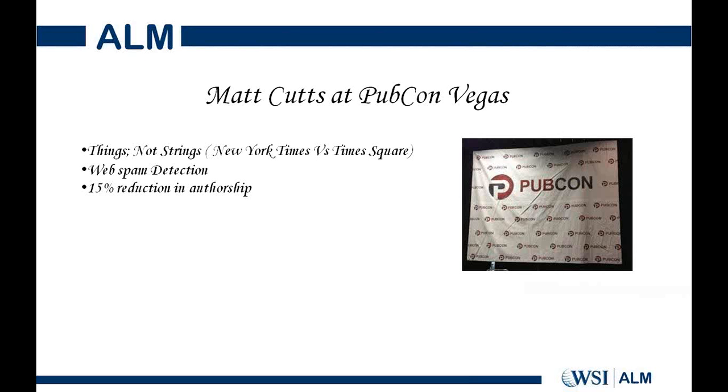So he did mention that they're going to strengthen the algorithm when it comes to gauging how well known an entity you are, how much of an authority you have as far as your own authorship profile is concerned, and then they'd be displaying authorship in the results. He said the frequent occurrences of authorship coming up in searches right now are going to be reduced by 15% because they want genuine authors to shine in their search results.